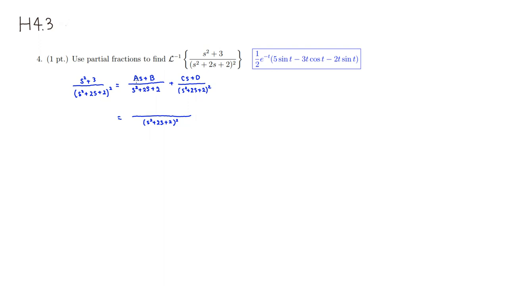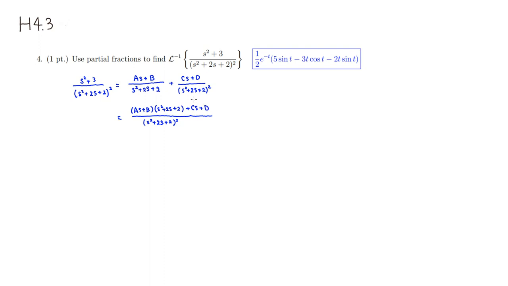So we have (as plus b) times (s squared plus 2s plus 2), and then we add the (cs plus d).